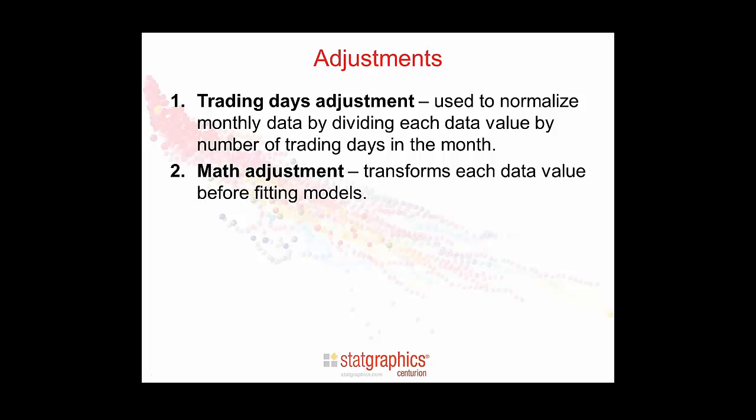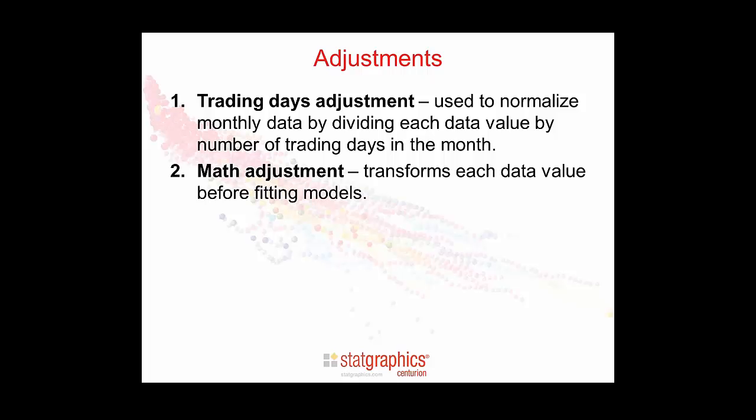Another adjustment is what we call a math adjustment. We can tell the program to take each of the time series values and transform it before it fits. And this I am going to ask it to do. I'm going to ask it to take the square roots of my data and fit the models to the square roots.